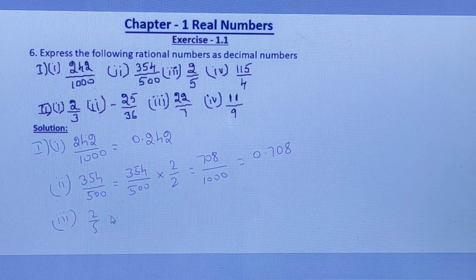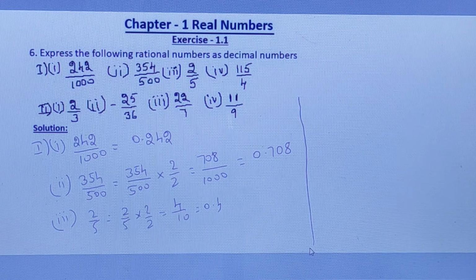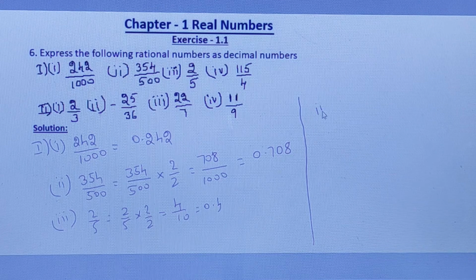Third one, 2/5. So you multiply and divide this with 2 so that the denominator becomes 10. So this is 4/10, which is 0.4. Fourth one, 115/4.